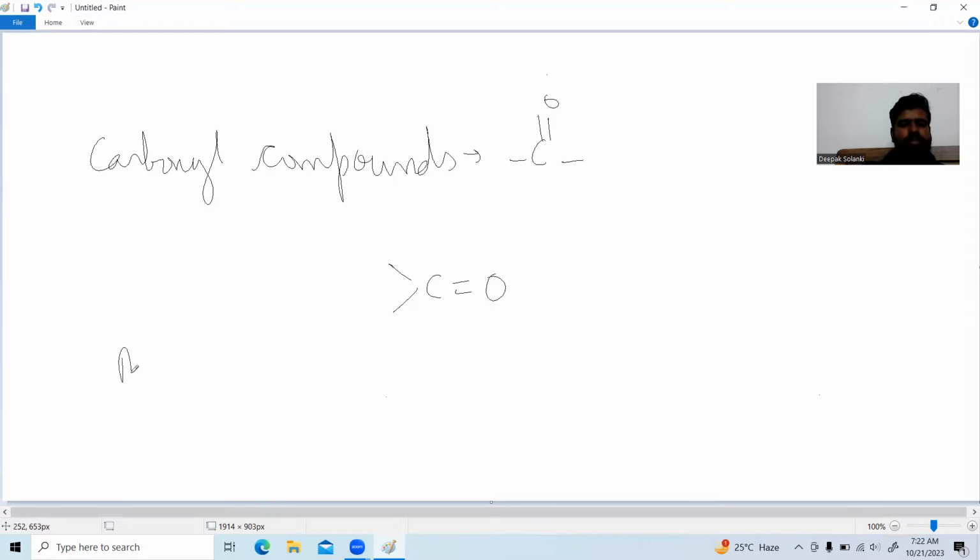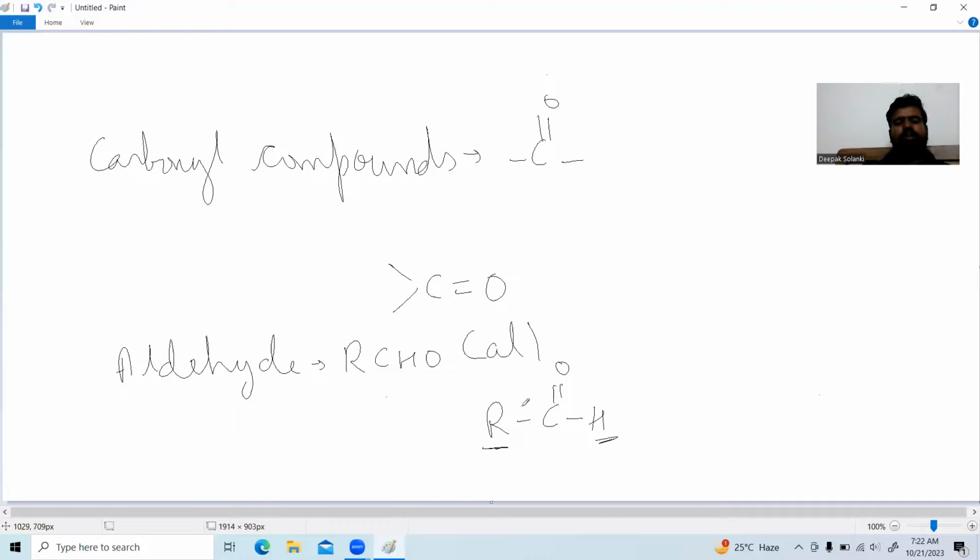First one is aldehyde. What is the general formula? Aldehyde, RCHO. We can write like this also, R C double bond O H. Here this is the alkyl chain, and here it is hydrogen. And this will be aldehyde. And what is the suffix used? al.